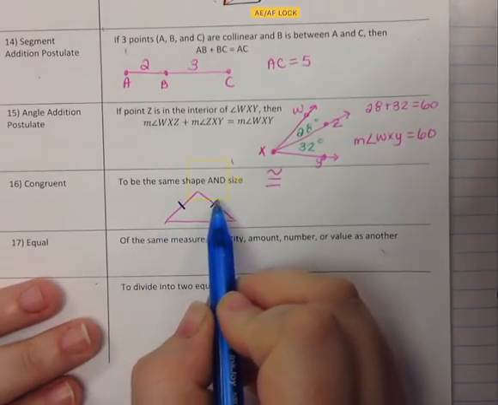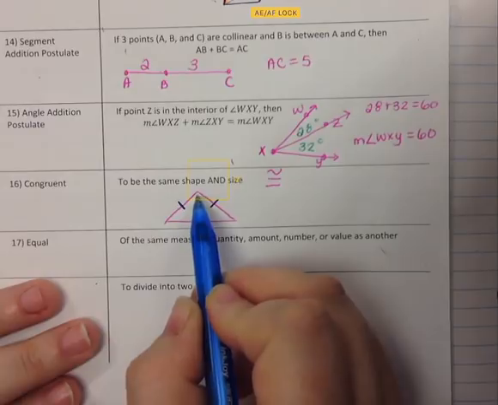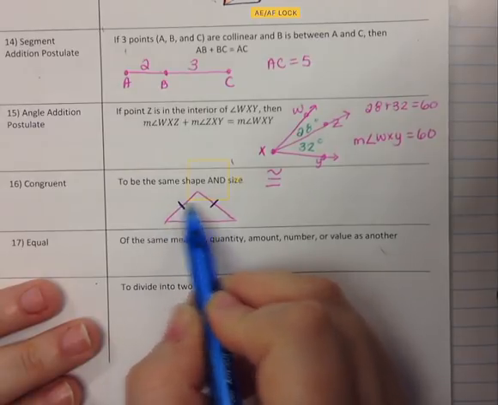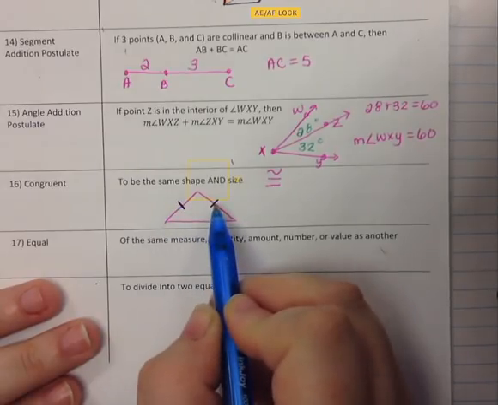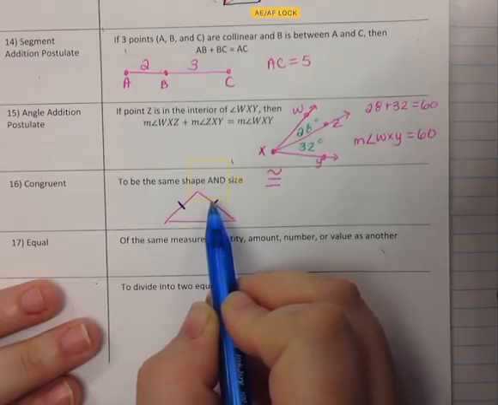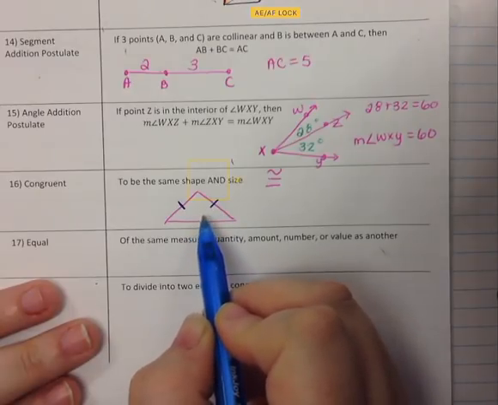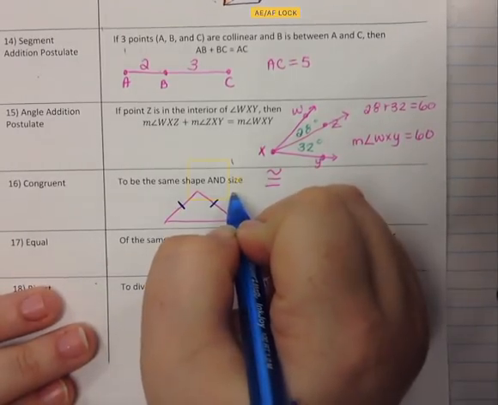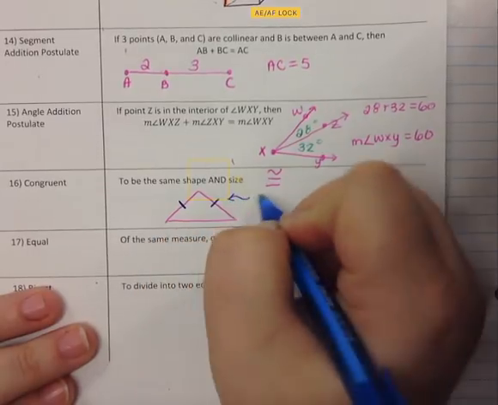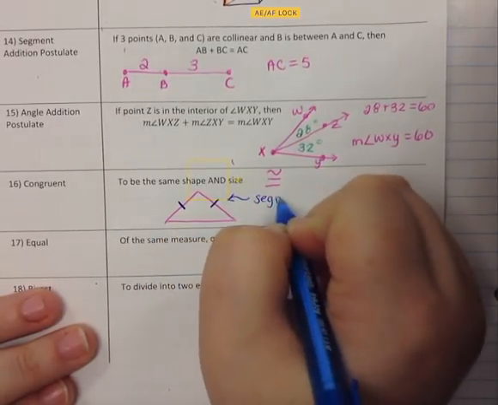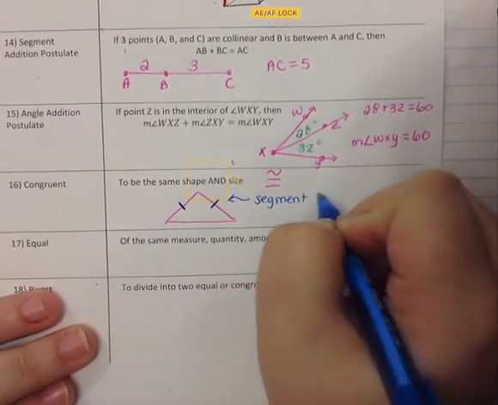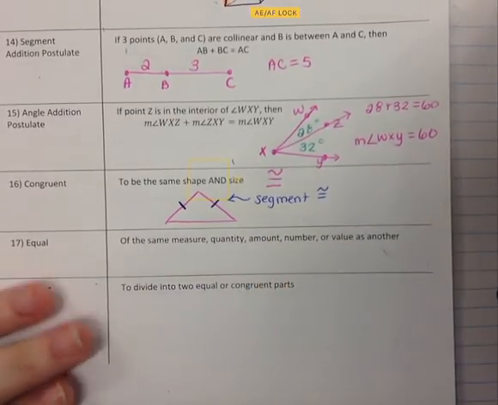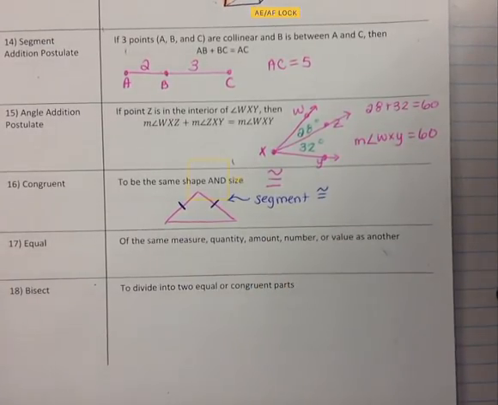If I have one tick mark on this segment and one tick mark on this segment, that means that these two segments are congruent. If I have 1 and 2 on this one, those are not congruent. The amount of tick marks matter. So the tick marks show that segments are congruent.